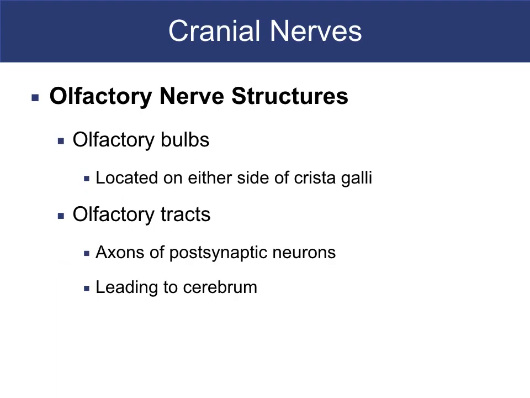One thing about the olfactory nerve, and this is different than all the others, this is the only one that goes directly into the cerebrum. In other words, when you smell something that smells really bad, it goes directly into your brain.